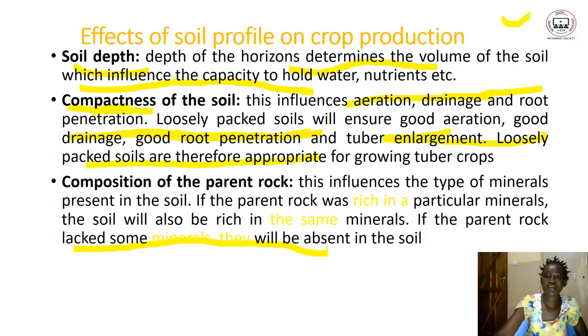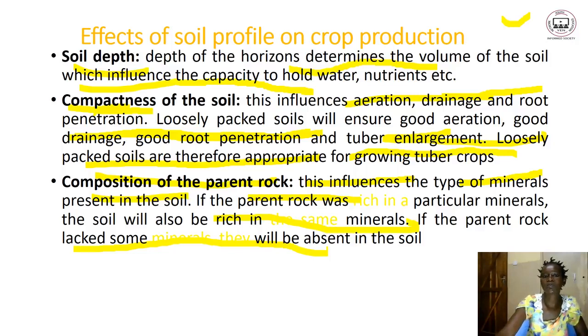Most of the times, soils which are loosely packed, forming a layer, will ensure good aeration, good drainage, as well as good root penetration and tuber enlargement. Loosely packed soils are therefore appropriate for growing tuber crops.